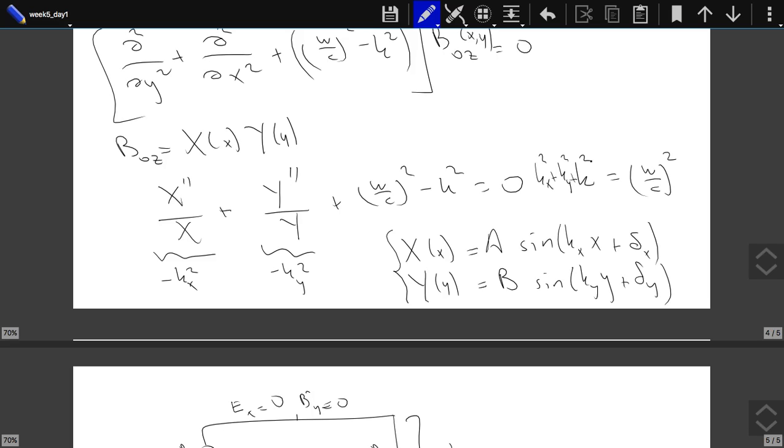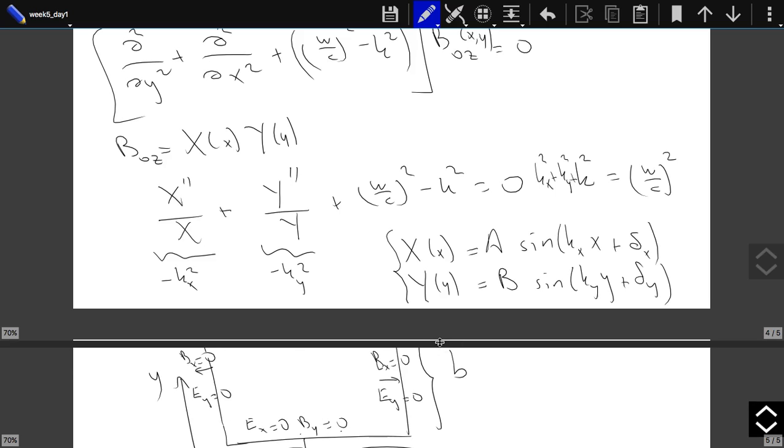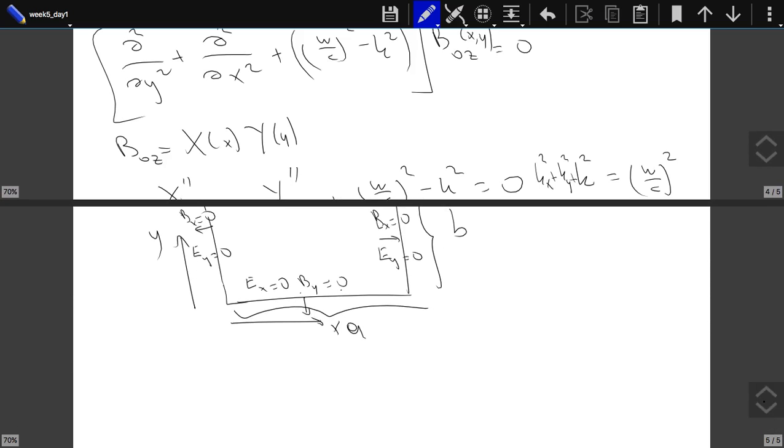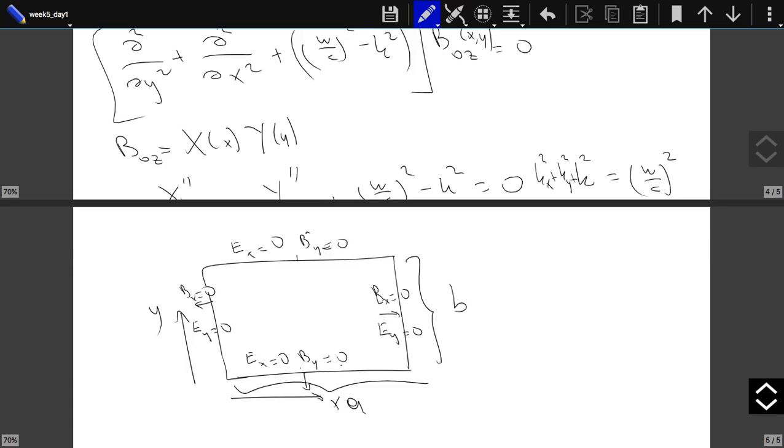Well, that basically comes from my boundary conditions. My boundary conditions, you see over here. These are my boundary conditions because I have already said that the perpendicular component of the electric field should be 0.